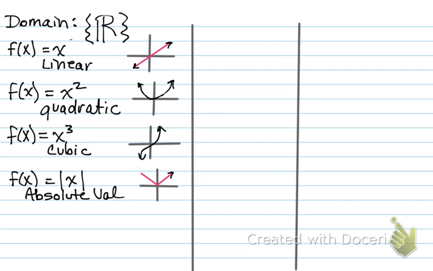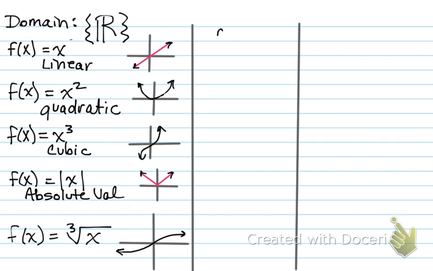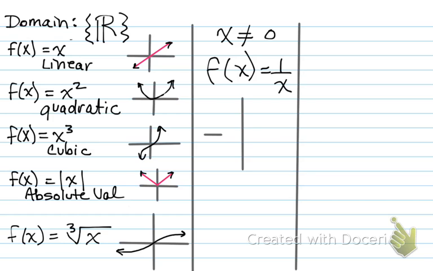Notice how they are continuous. There are no gaps, breaks, or holes in those functions when you graph them. Down at the bottom I left one off, the cube root function. It also has a domain that's the set of all real numbers.